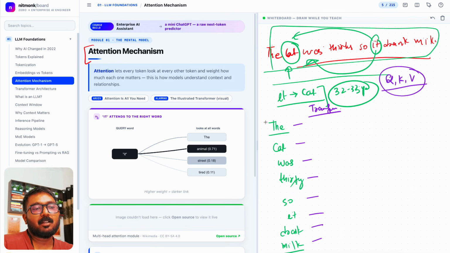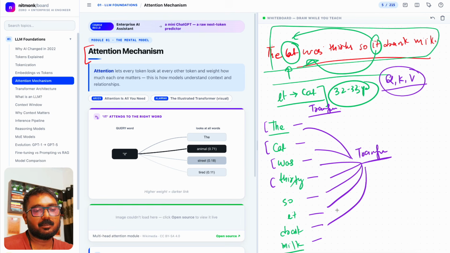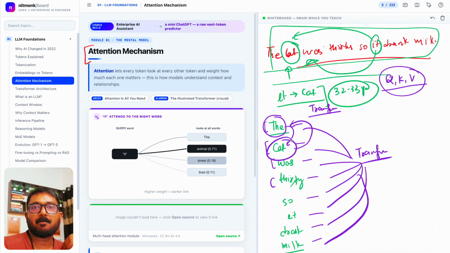For every word, the transformer looks at all of them together at once. It's not like the way we look at it. We did not process "the" and then go to "cat". Our understanding of cat depends upon "the", because we know cat is a cat, then "was", and then "thirsty".